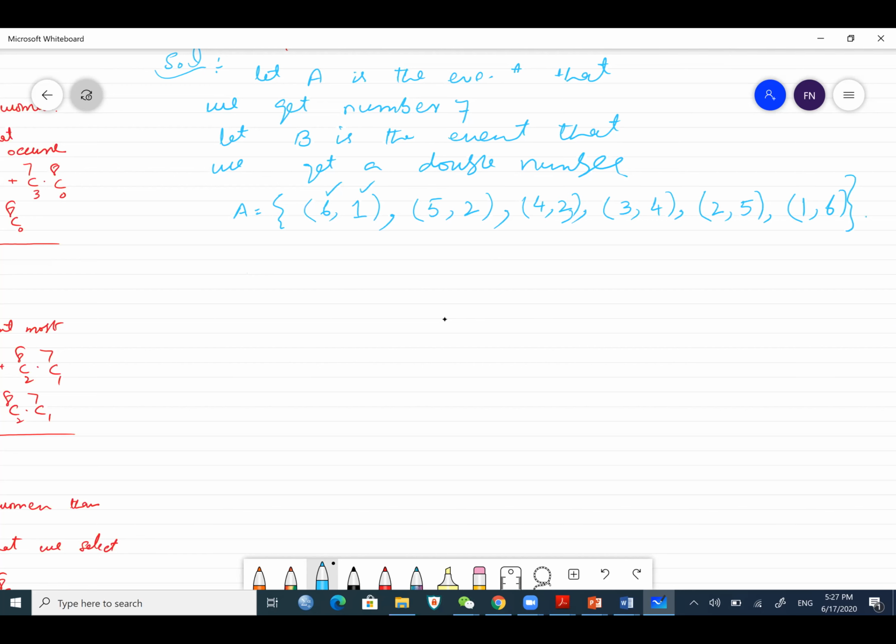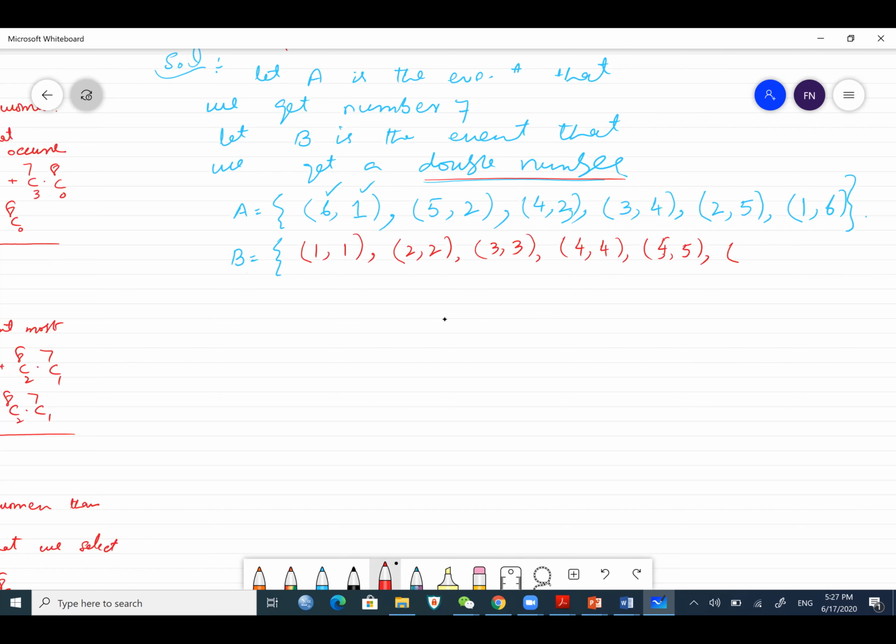Now we define event B. What are the possible options in event B? Event B says a double number. How can we get a double number? If we get 1 on the first and 1 on the second, or 2 on the first and 2 on the second, or 3 and 3, or 4 and 4, or 5 and 5.